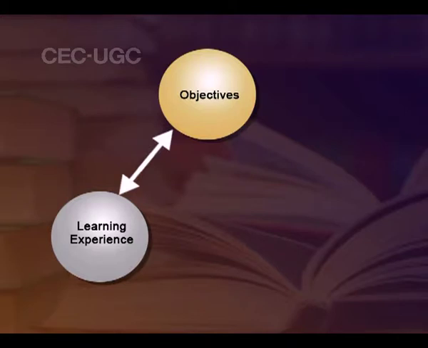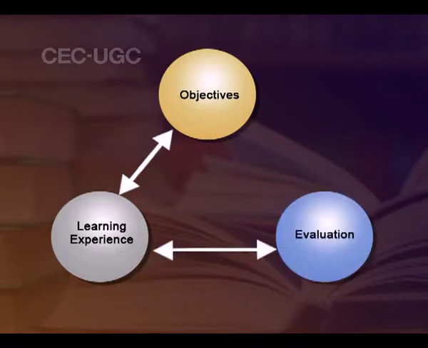Objectives get clarified by learning experiences. Evaluation shows whether the teachers succeeded in attaining objectives and also gives evidence on the effectiveness of learning experiences. This clearly means that objective, learning experience and evaluation are interrelated. Hope you have understood the three terms and their interrelationship.